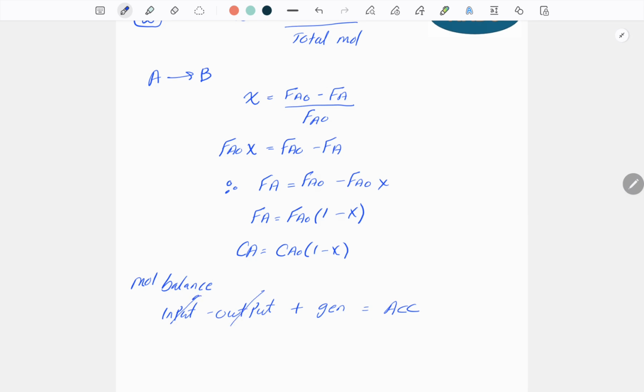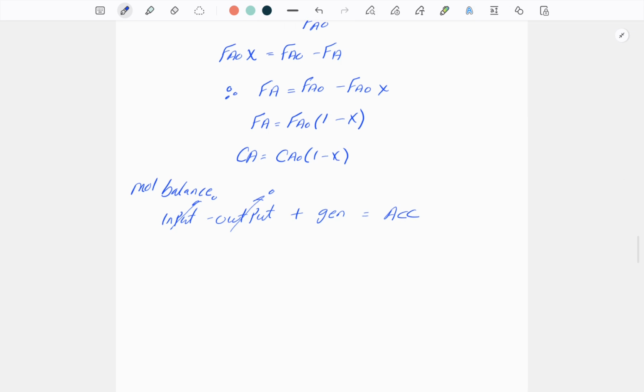We can cancel out these two terms because in a batch reactor we don't have any inlet streams or outlet streams. The generation is the rate of reaction times volume equals accumulation, which is change in moles over change in time.